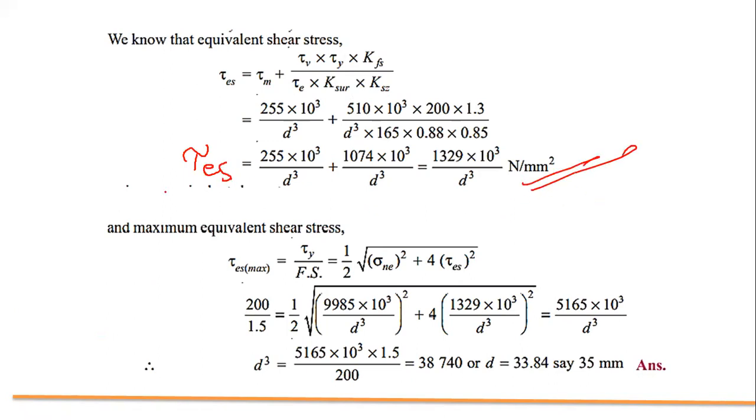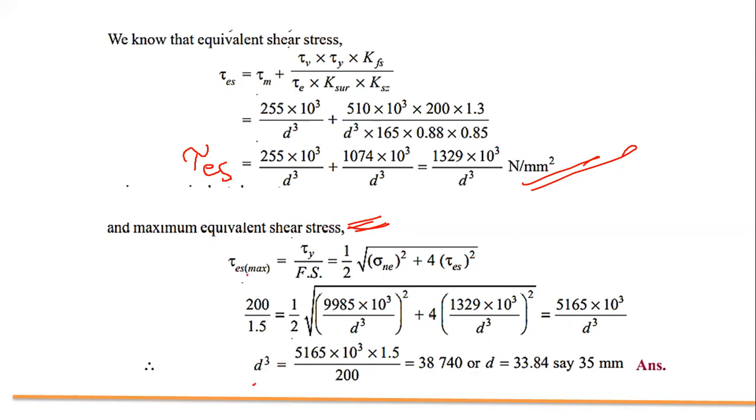After getting the equivalent shear stress and the equivalent normal stress, you have to use the maximum shear stress theory. From maximum shear stress theory, tau max equal to 1/2 square root of sigma square plus 4 tau square. Already we know that formula. By using that formula, you have to find out the value of a suitable diameter of a shaft.